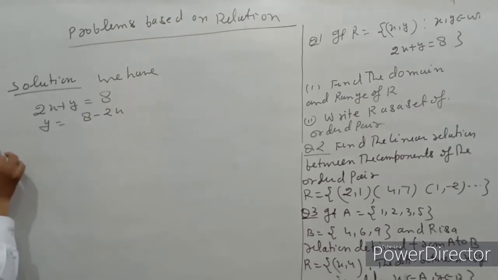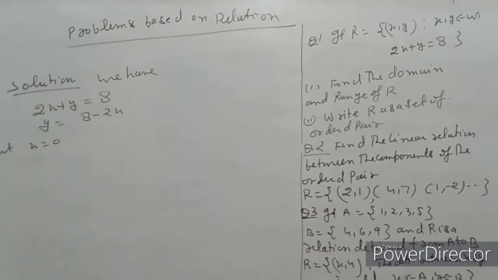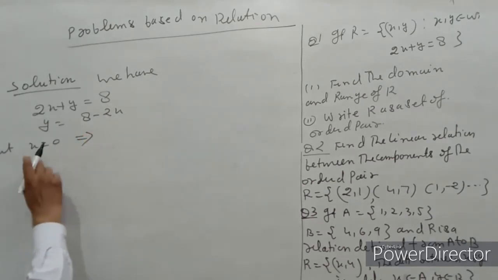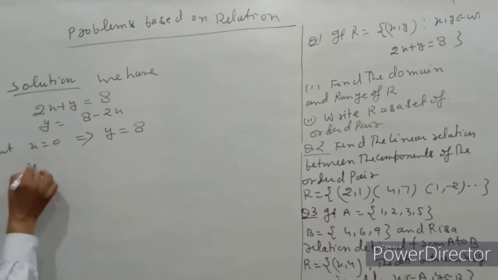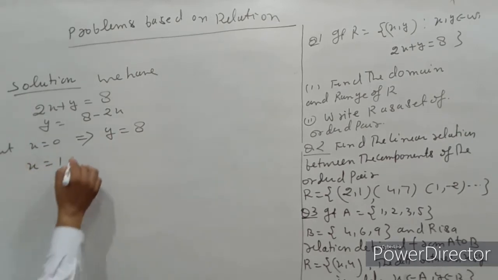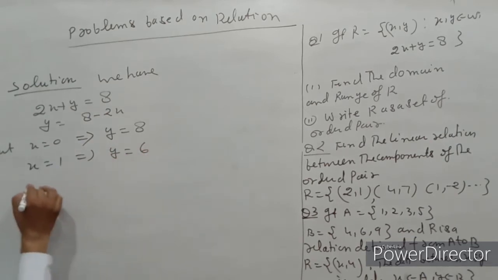So we put the value of x is equal to 0. Then y is equal to 8. When x is equal to 1, y is equal to 6.